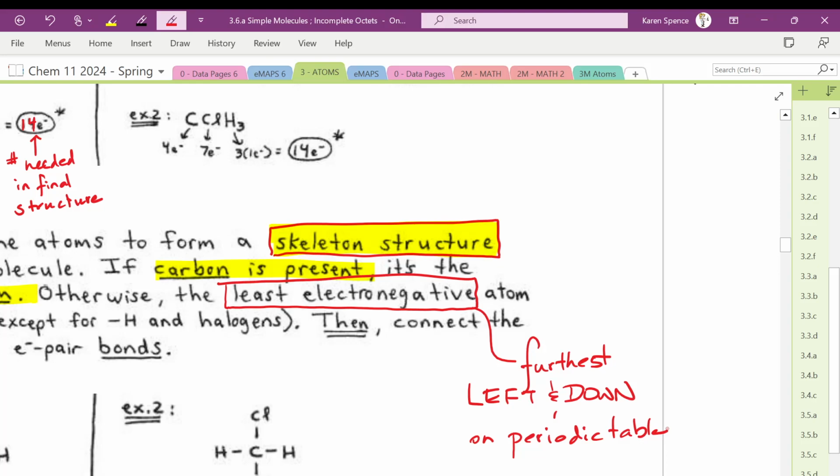Now, for the most part, you're going to be able to tell because you'll be like, oh, I have 1 nitrogen and I have 3 chlorines.